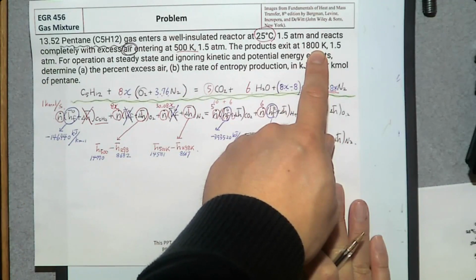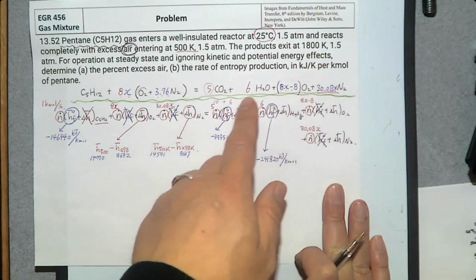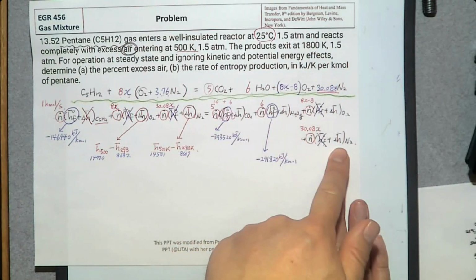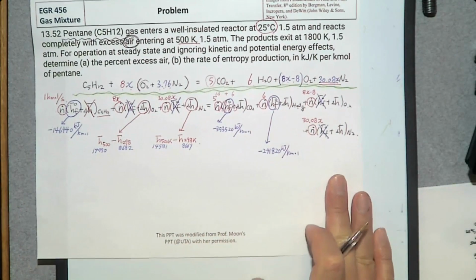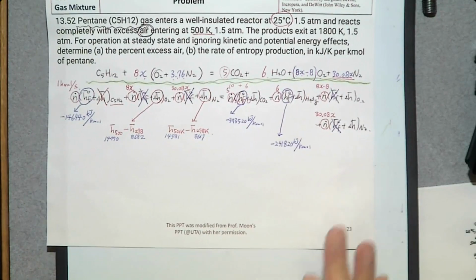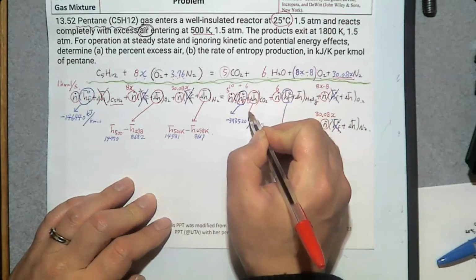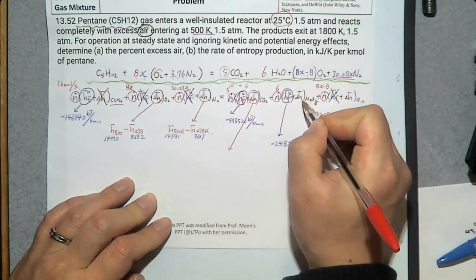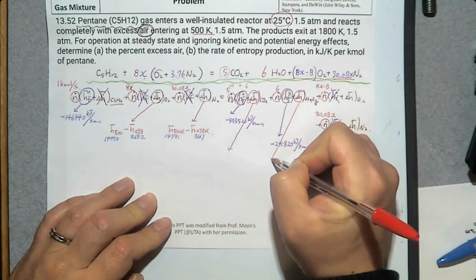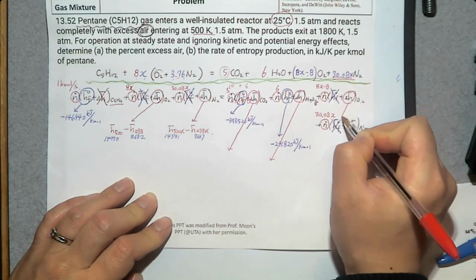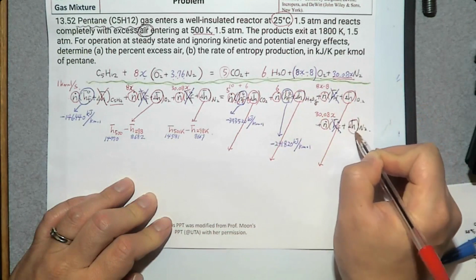So we need to calculate the delta H bar for everything in the products because they are not at the standard temperature. So I'm going to start with carbon dioxide first. Then water vapor, then oxygen, and then nitrogen.